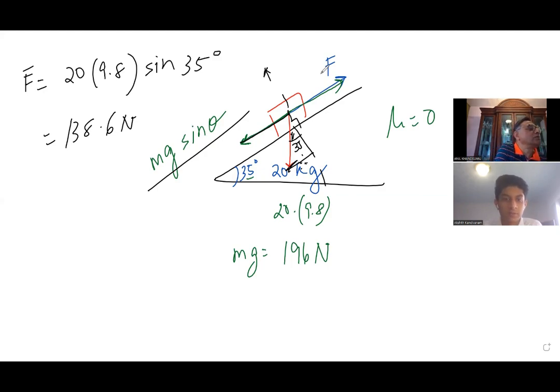Very good. So now let's take up another question. Okay, so we are taking a weight of 196 newtons suspended from two ropes.